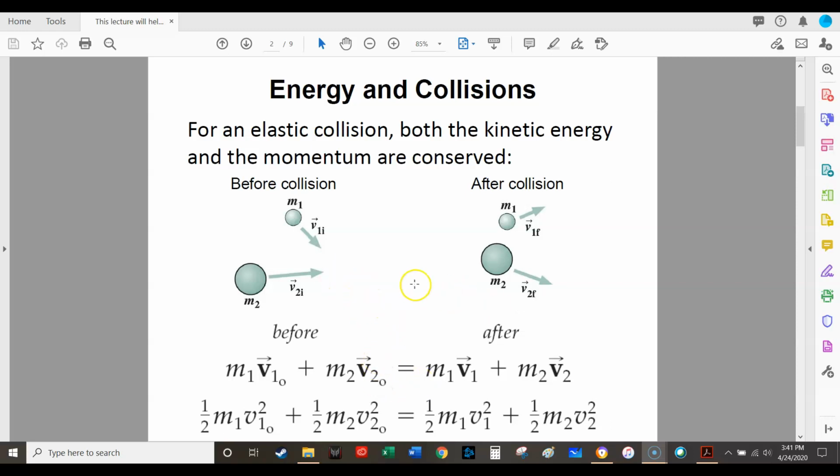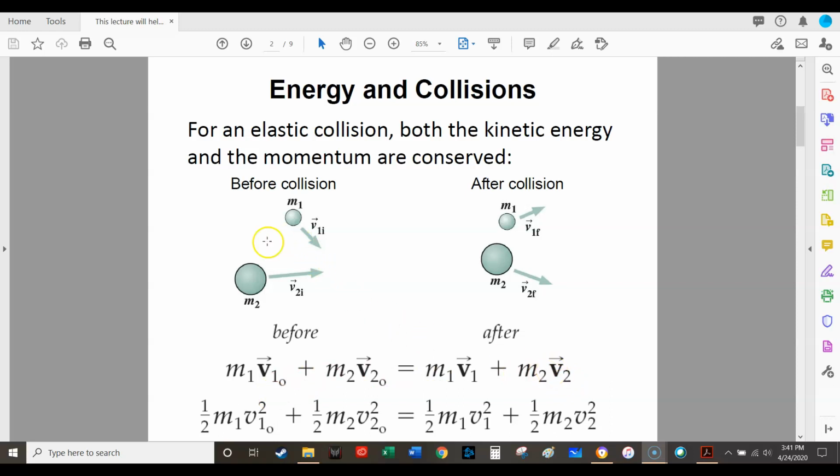Well, there might be thermal energy, but my point is the only energy we really need to look at is kinetic energy, specifically comparing the kinetic energy before to the kinetic energy after, okay?